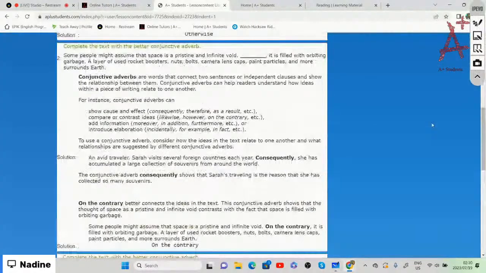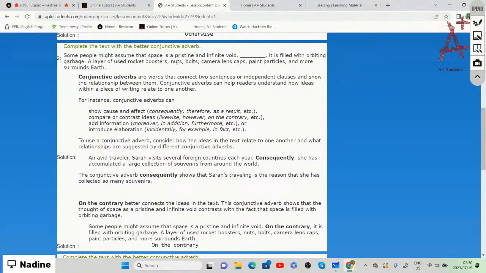Some people might assume that space is a pristine and infinite void, right? Blank, it is filled with orbiting garbage. A layer of used rocket boosters, nuts, bolts, camera lens caps, paint particles, and more surrounds Earth. So some people might assume that space is a pristine and infinite void.